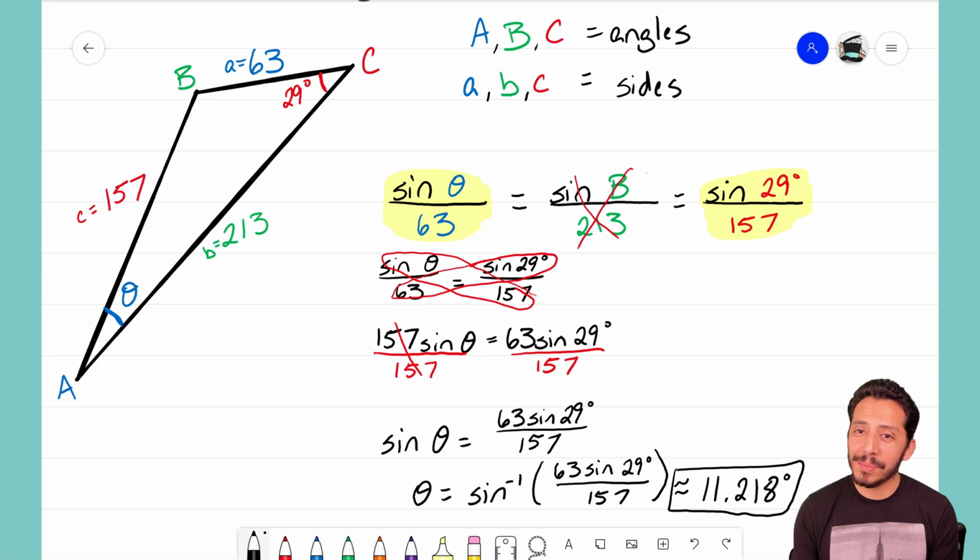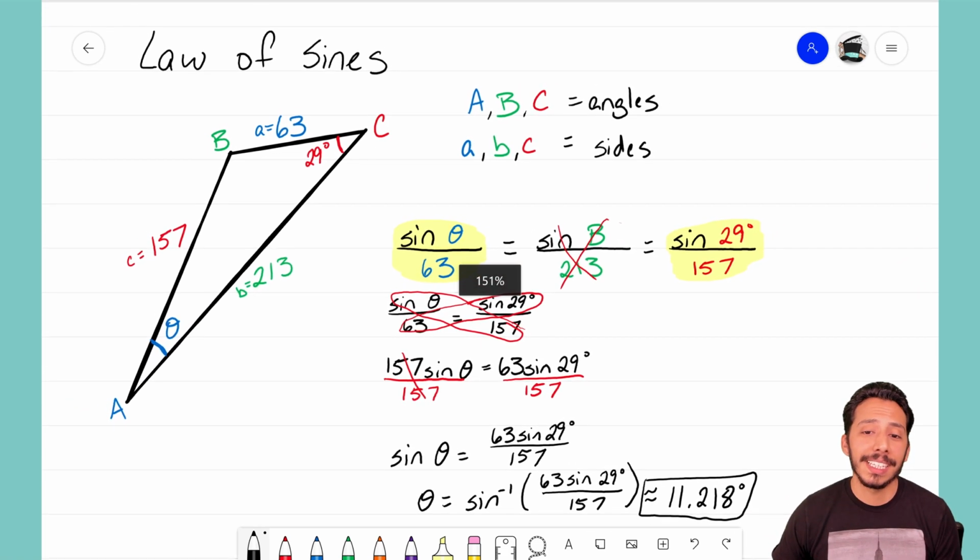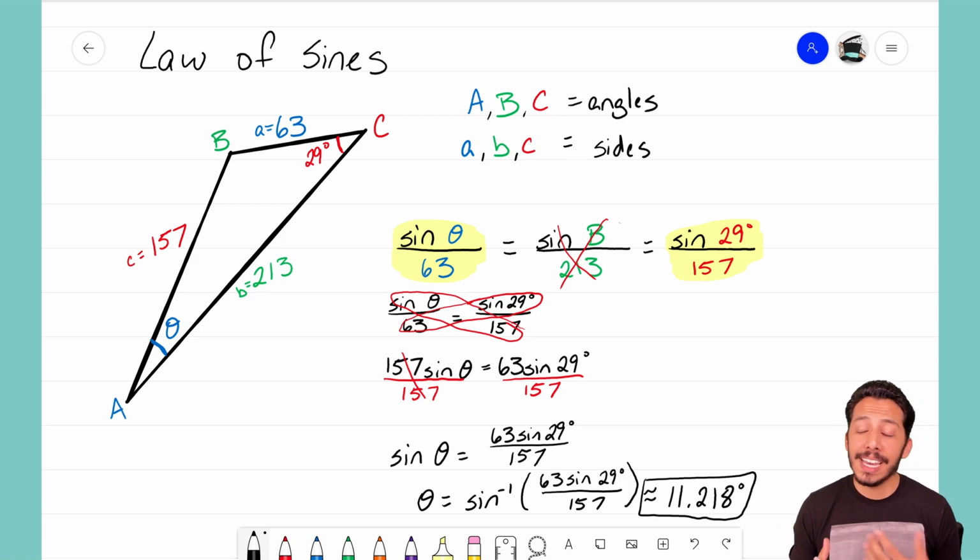I hope you can take a moment to appreciate the fact that without the law of sines, this is impossible for us to do. We need the law of sines. The law of sines allows us to find missing sides and missing angles for any triangles, not just a right triangle, in this case, for our triangle on the left.